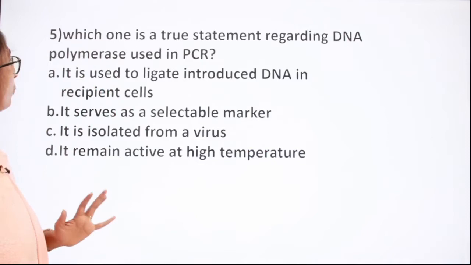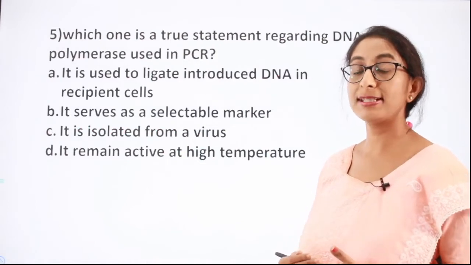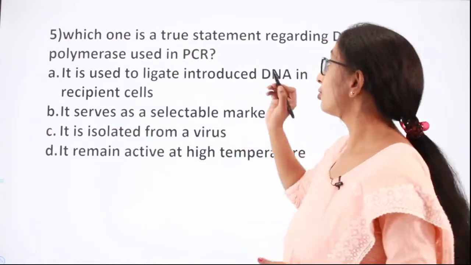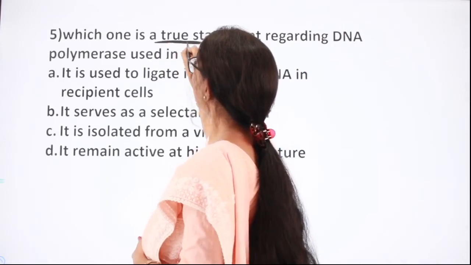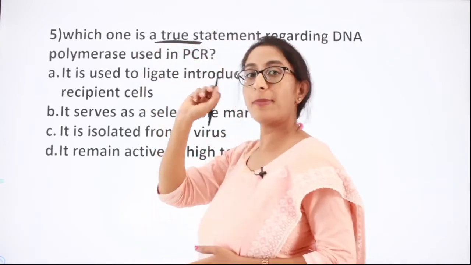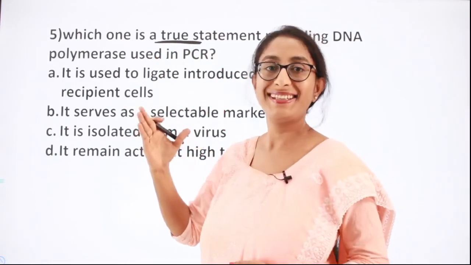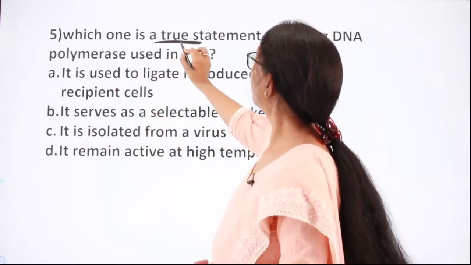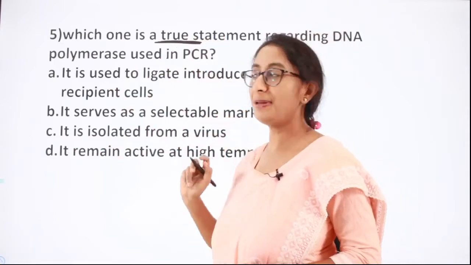Moving on to the next question. Which one is a true statement regarding DNA polymerase used in PCR? So here they are asking which one is a true statement. So whenever you get these kinds of words, please mark them and do not forget them when you are looking at the answer options. So which one of the following is a true statement regarding the DNA polymerase used in PCR?